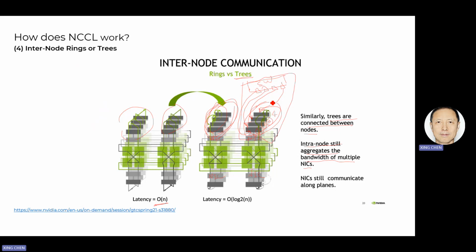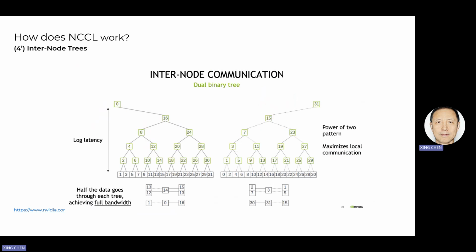And here we are talking about trees. Bear in mind that this tree means the logical communications between the nodes are trees. I'm going to show you how the trees are. Suppose the internode communication is using trees, and you have 32 nodes, numbered.